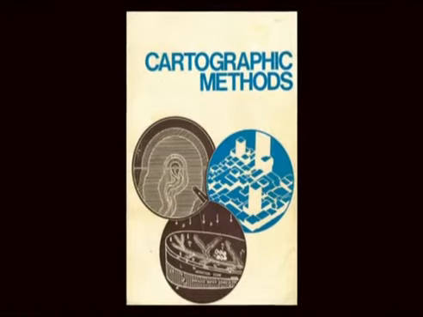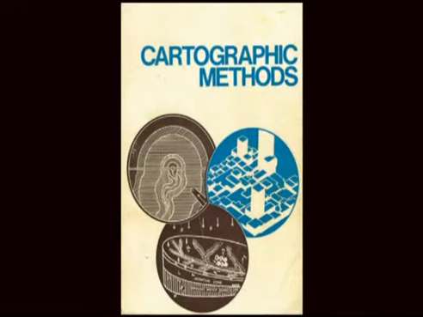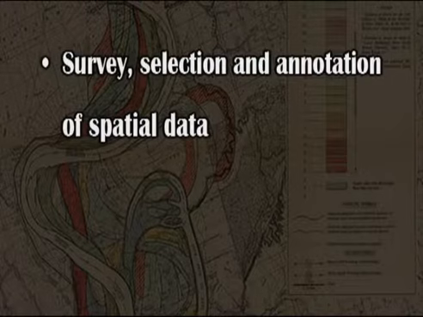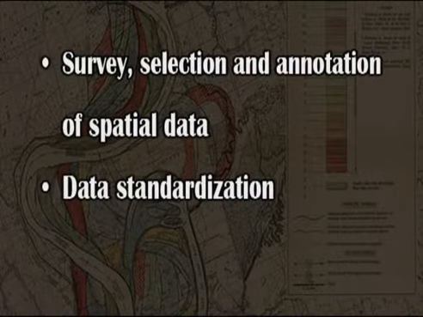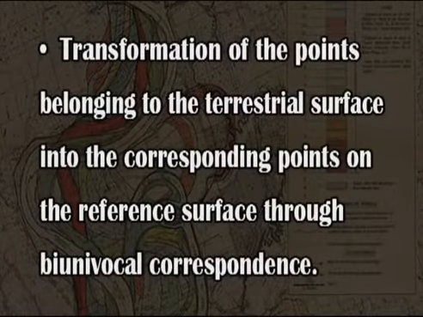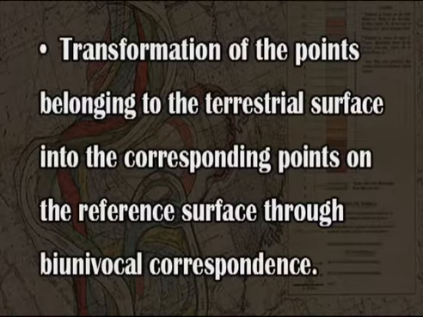The phases of the cartographic process can be summarized as follows: survey, selection and annotation of spatial data, data standardization, data generalization, transformation of the points belonging to the terrestrial surface into the corresponding points on the reference surface through biunivocal correspondence.